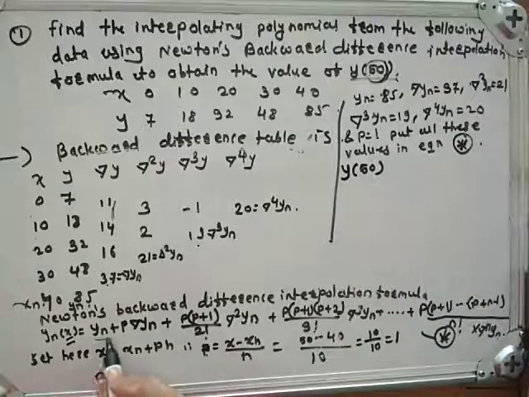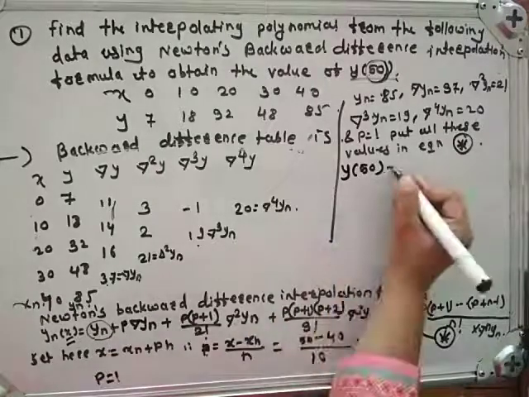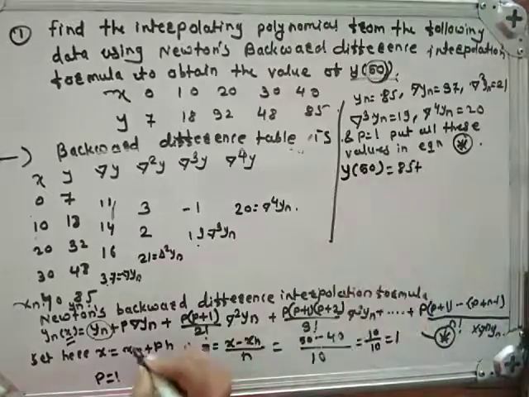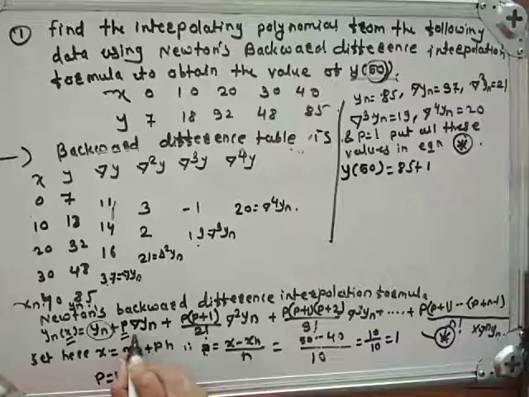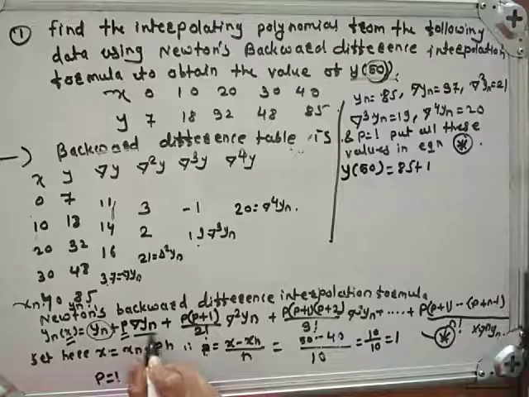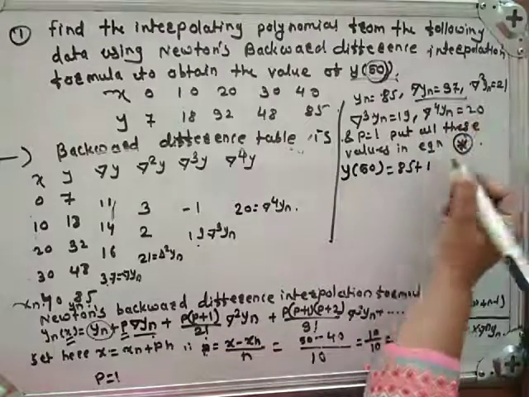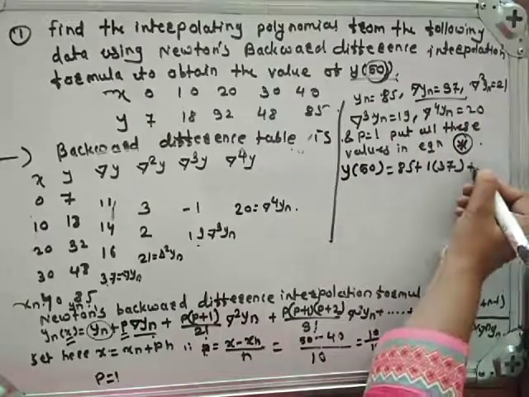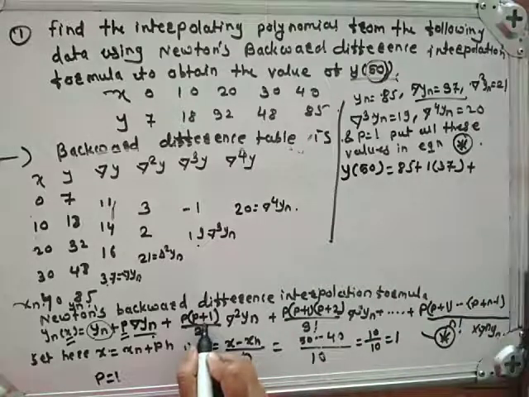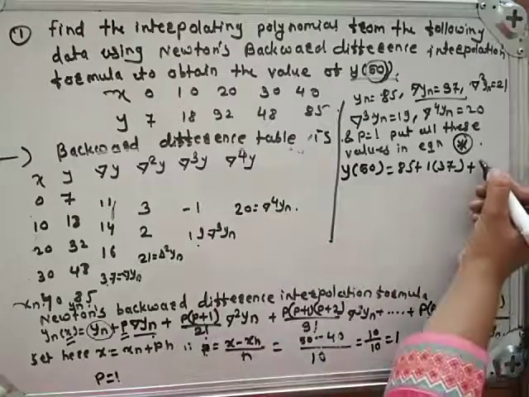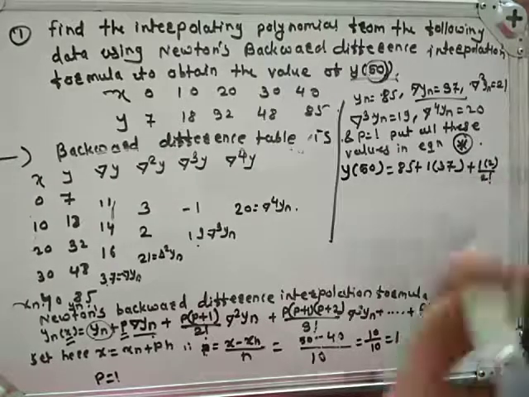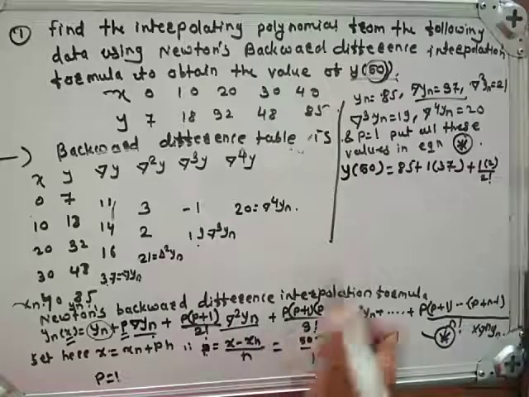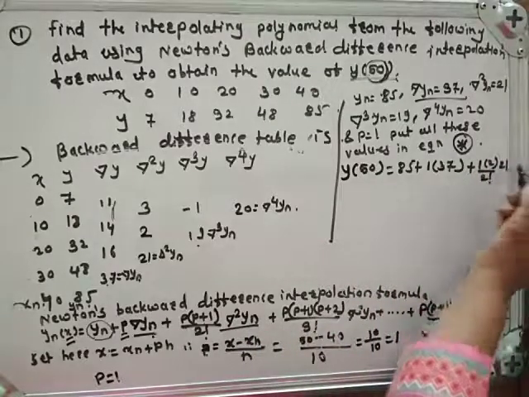So yn is 85. 85 plus p is 1 into del yn. Del yn is 37. Plus p into p plus 1 means this is 1 plus 1 is 2 upon 2 factorial into del square yn. Del square yn is 21.